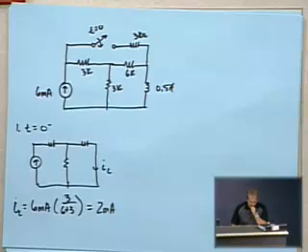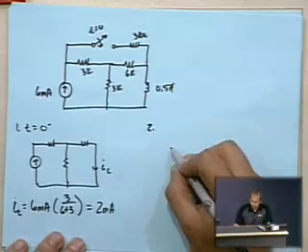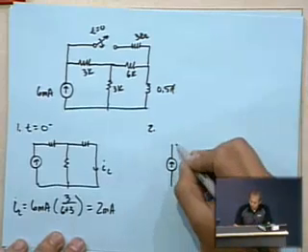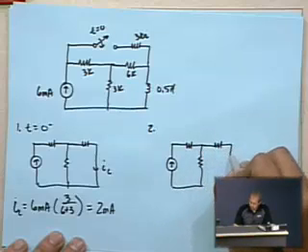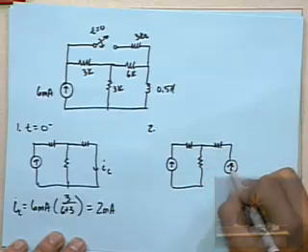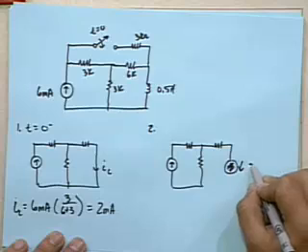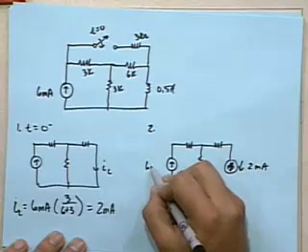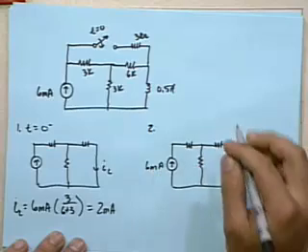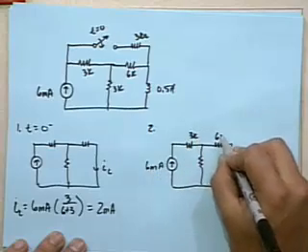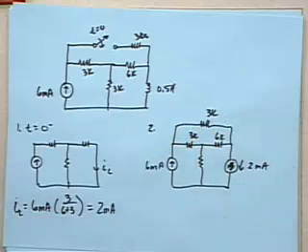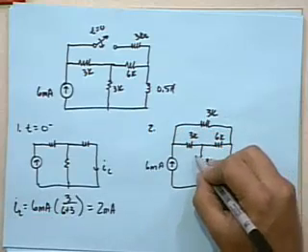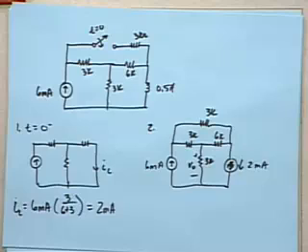After the switch closes, we will have a circuit that looks more like this. Whoops, the arrow is going the other way. This one is 2 milliamps, this one's 6 milliamps, 3K, 6K, and up here another 3K. The voltage across that 3K resistor is the one that we're interested in. We know both of the currents running through there.